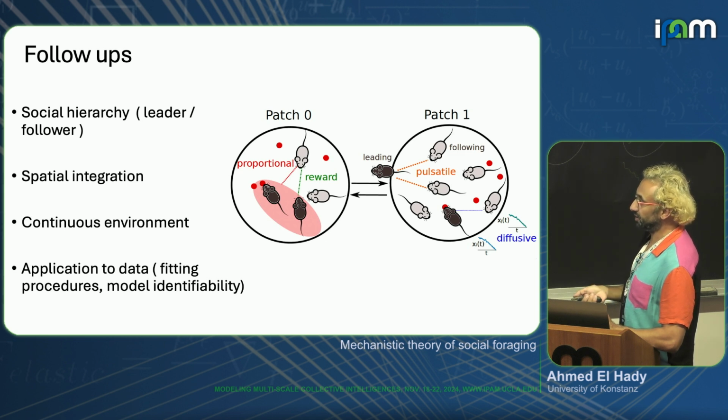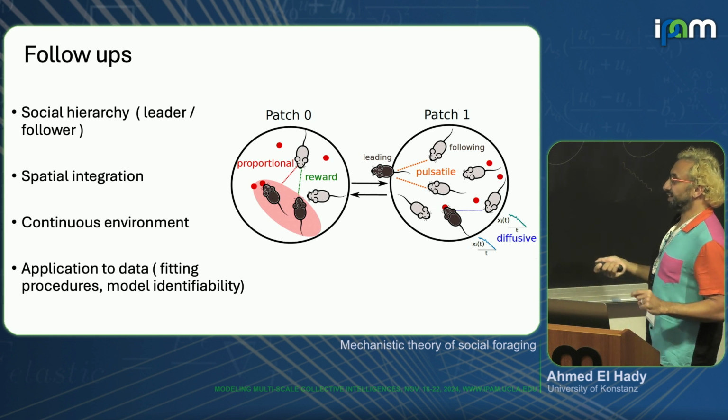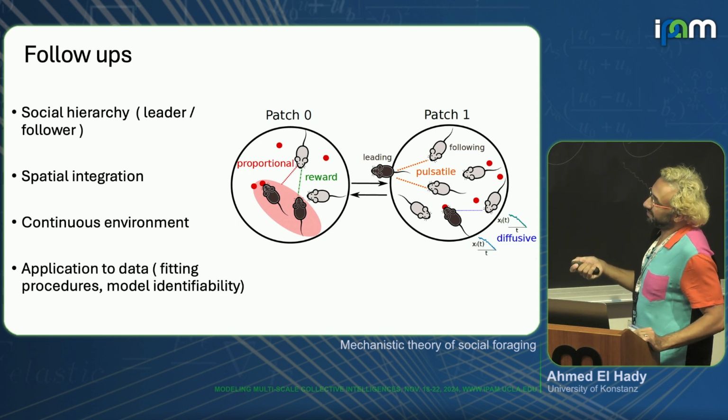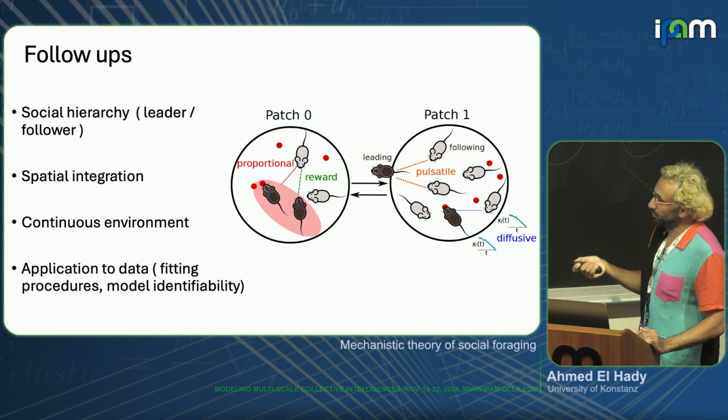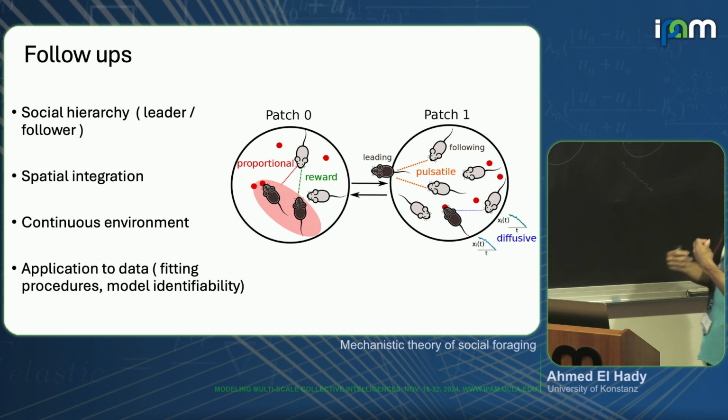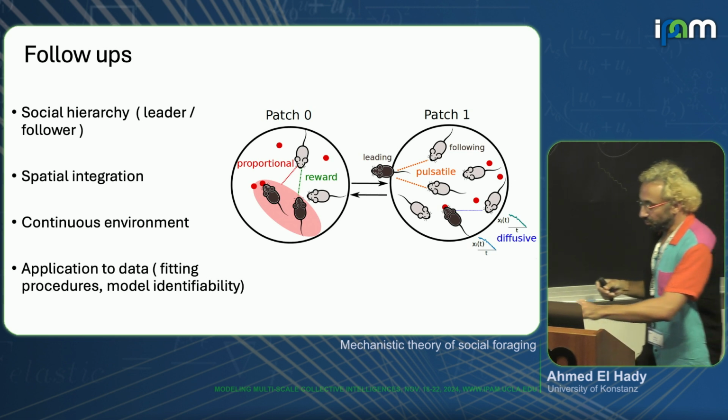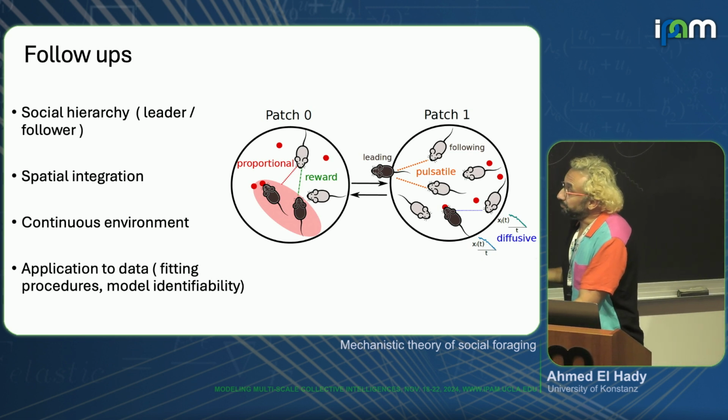If I have leaders and followers, like we heard in the previous talk, then in the pulsatile case, this animal, and this goes to Ian's question, pays attention only to the leader, but the leader doesn't pay attention to the others. And then you can play all kinds of games.